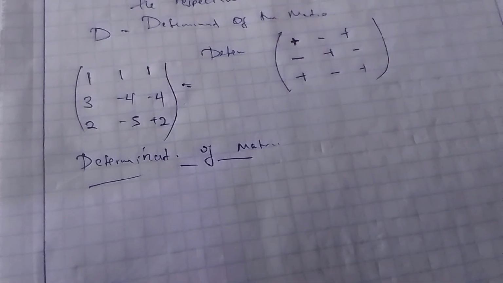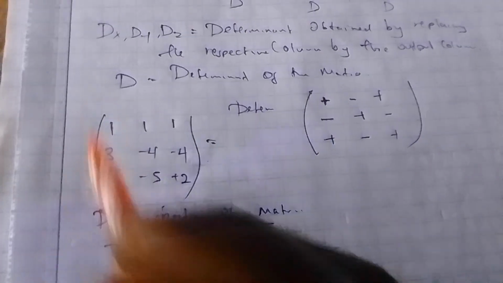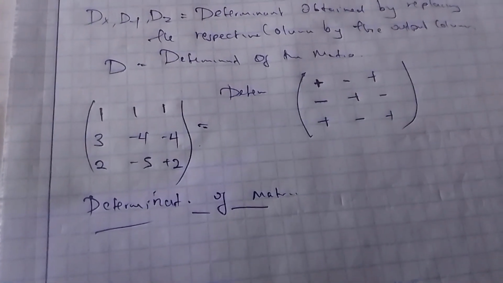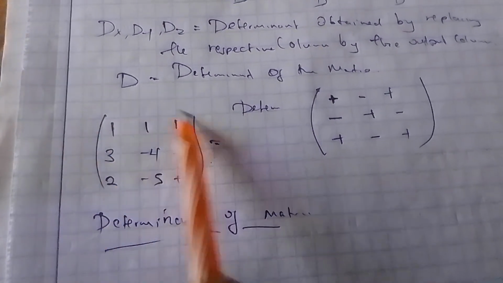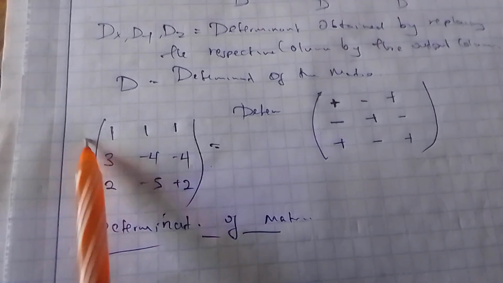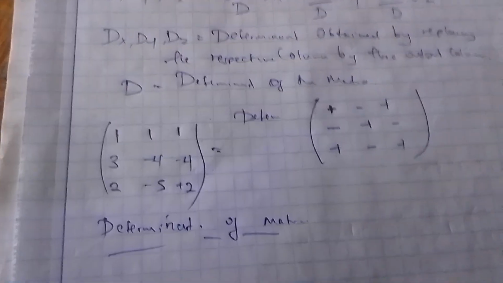While finding the determinant of this matrix, you take one of the columns or rows that you want to use. For example, I will use the upper row as my coefficients.